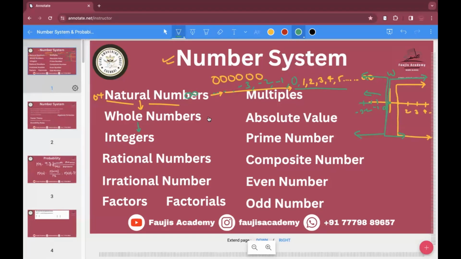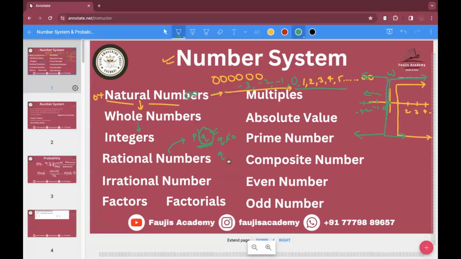And rational numbers. Rational numbers are such numbers which can be expressed in the form of P by Q, that means a fraction. There's another condition that Q should not be equal to 0.